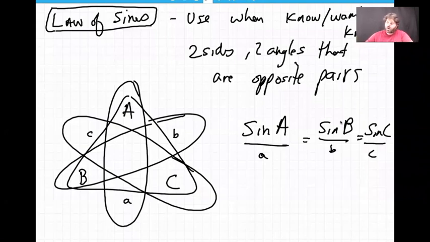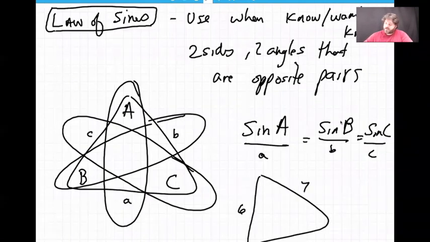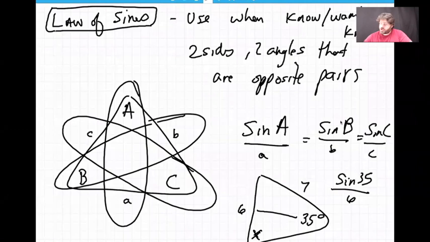So let's look at a triangle here. Maybe this is 7 and this is 6, and this is 35 degrees, and you want to know the measure of this angle right here. This is a perfect case for law of sines. We would say that the sine of 35 degrees over 6, right? Those are my opposite pairs. Those go together. Should equal the sine of x divided by 7.